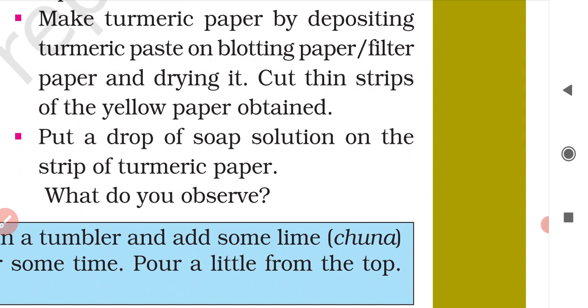You have to take that turmeric paste and deposit it over the filter paper or blotting paper, so that it can absorb the turmeric dye or turmeric color. Then you have to dry the filter paper. Then the filter paper will become fully yellow in color. Then you have to cut thin strips of the yellow paper obtained.